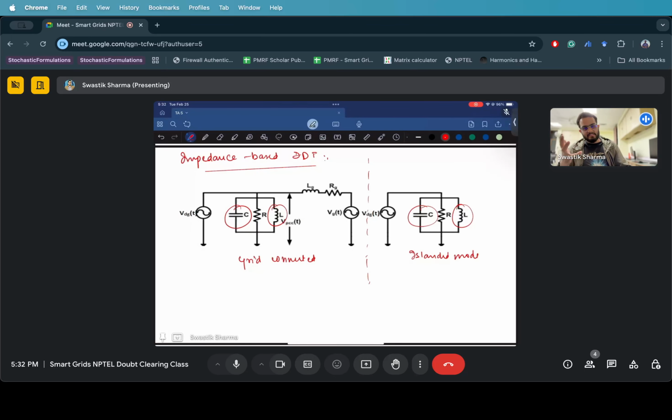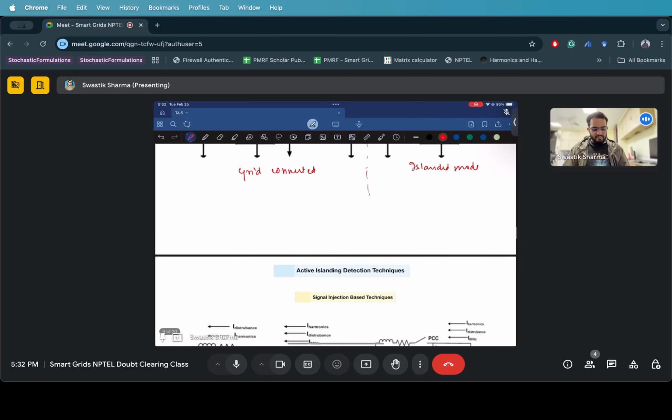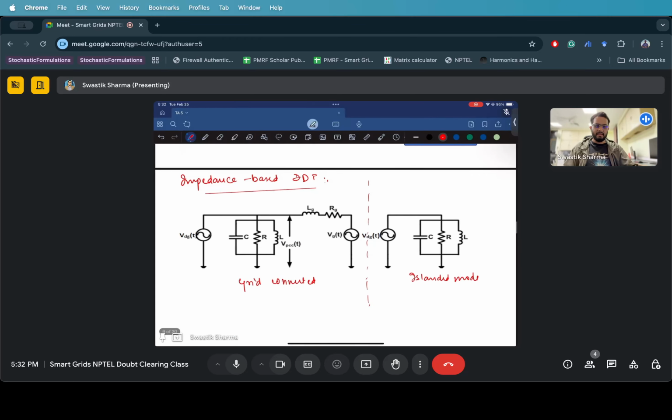So to track these changes with respect to frequency becomes difficult, and these impedance-based IDTs are only used for smaller microgrids. So this is one way in which impedance-based IDT works.